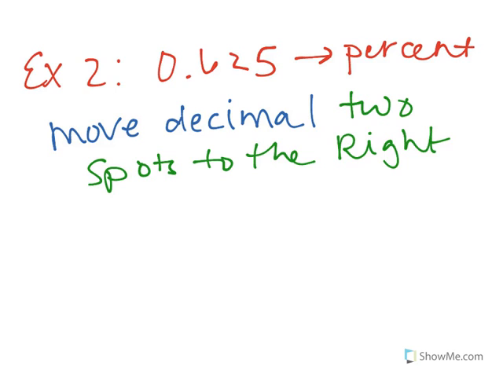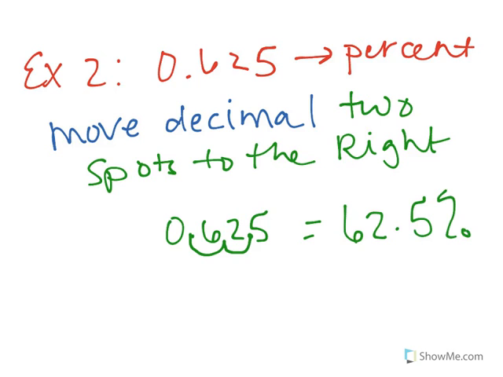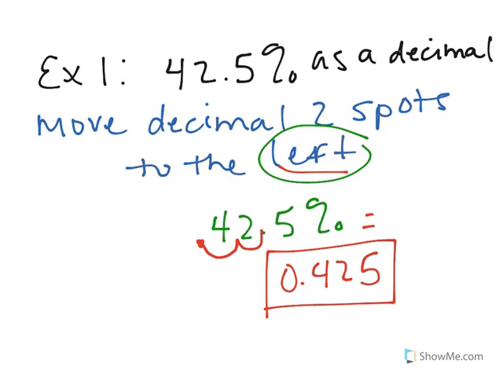So I'm going to take my decimal, 625 thousandths, and move it one spot, two spots to the right. So now I'm going to have my answer as 62 5/10%. Notice we just converted it back in the opposite direction. We went left in the first example, one spot, two spots to the left.